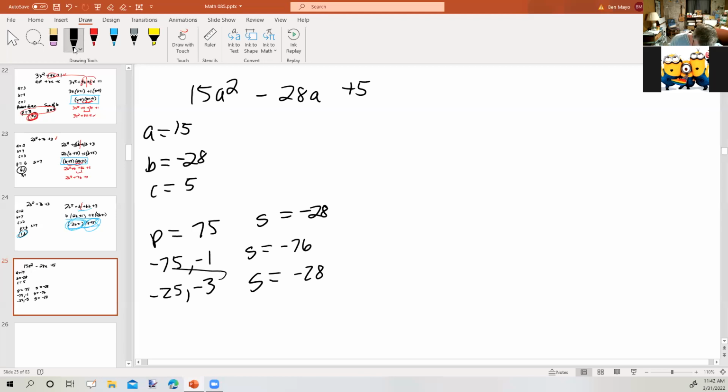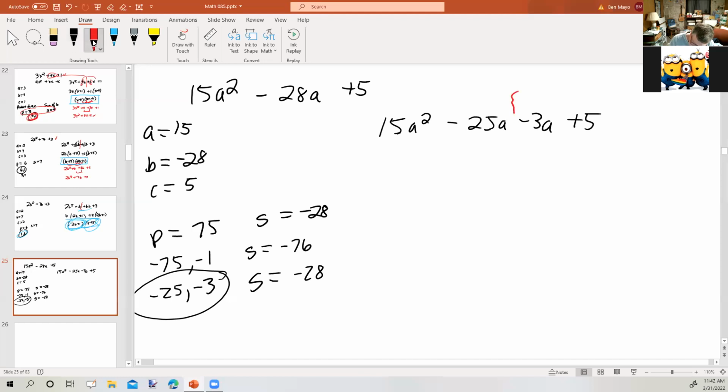All right, so here's my two numbers. So 15a squared minus 25a minus 3a plus 5. Factor by grouping. The greatest common factor of the first two terms is 5a with a 3a minus 5 left over.